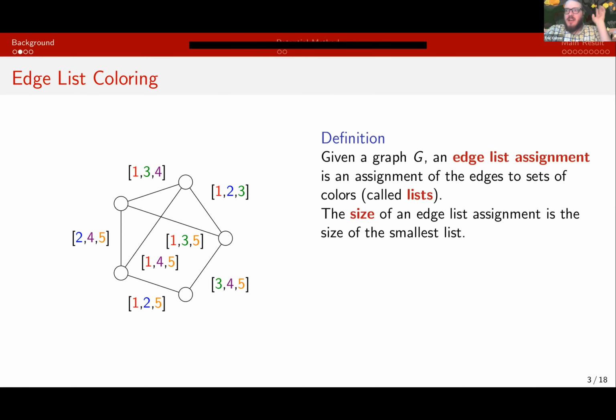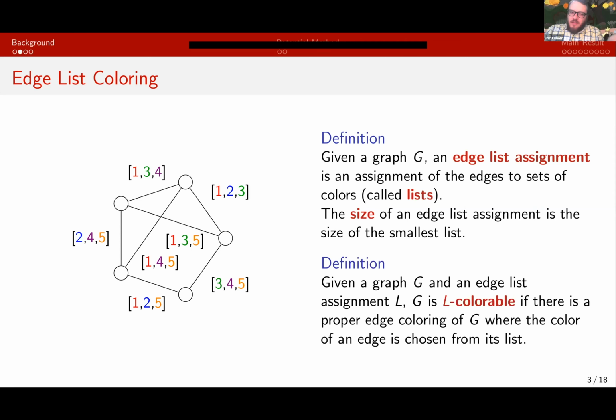When we were just edge coloring, we could have put any color we wanted on an edge. But with this list assignment, we're limiting what colors can go on each edge. And the size of a list assignment is the size of the smallest list. So in the example list assignment, all the lists are of size 3. So the size of the list assignment is 3.